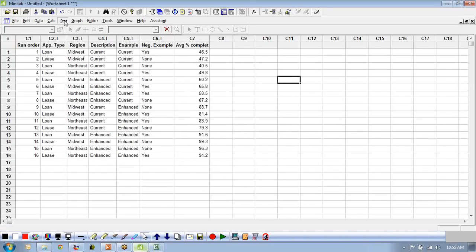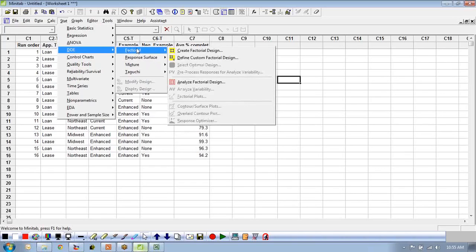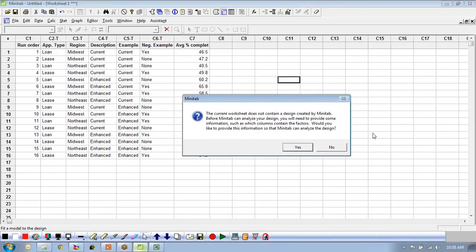So in Minitab, probably the easiest way is to go to Stat, DOE, Factorial. Now we've already created the design, so we are going to analyze a factorial design. Now in Minitab, if you've never done this before, Minitab comes up with a dialog box that says, whoa, I don't find a Minitab design in here.